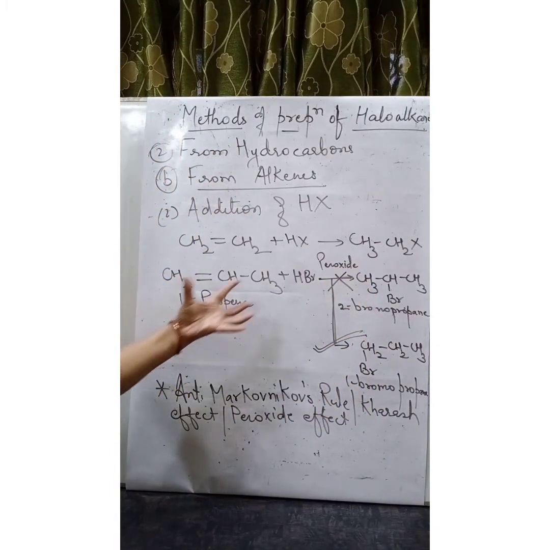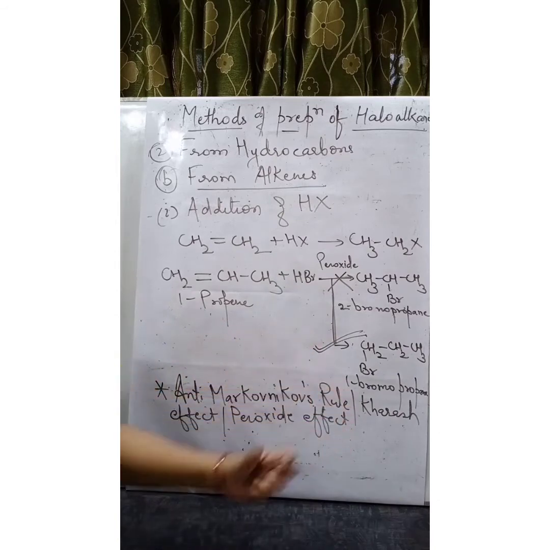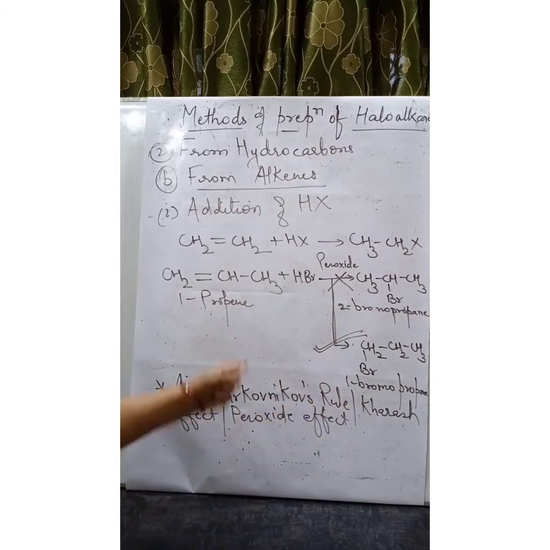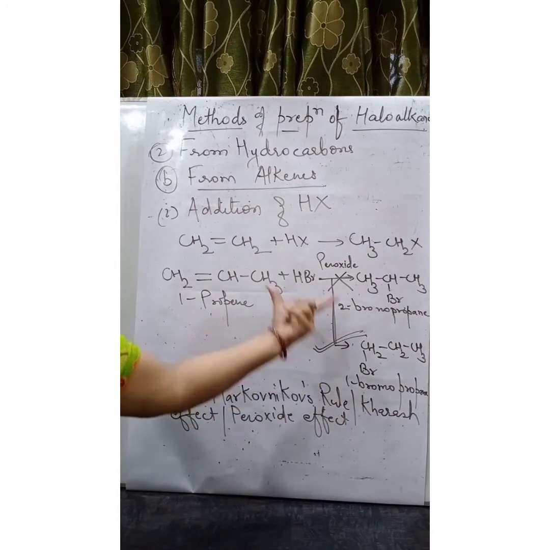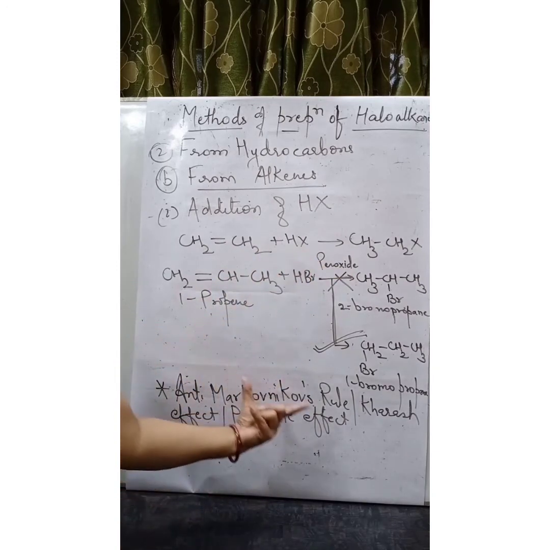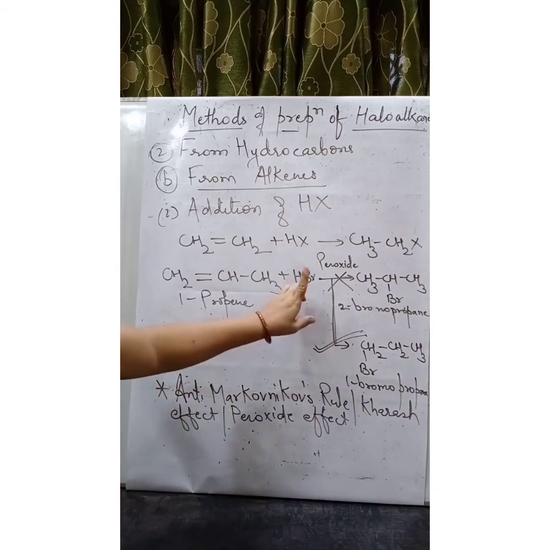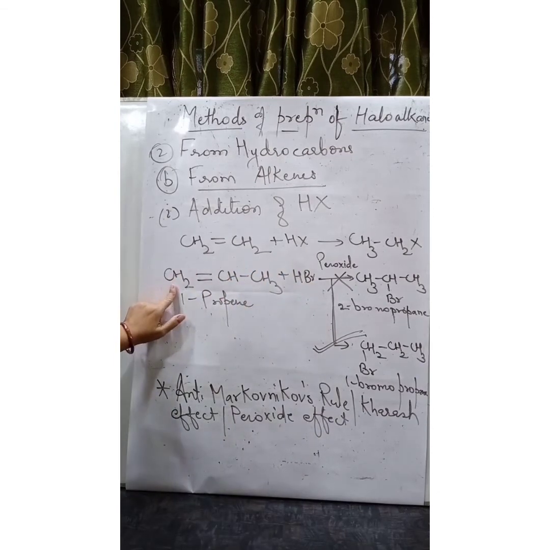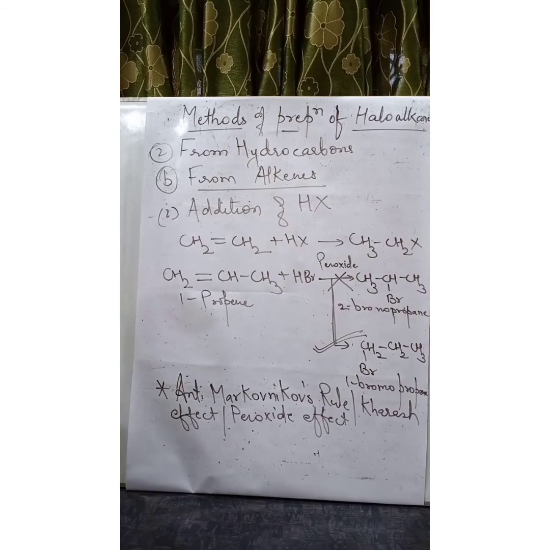That means anti-Markovnikov rule is followed when you are carrying out the reaction in presence of peroxide. Anti-Markovnikov rule says that the most electronegative part of the addendum goes to the carbon containing more number of hydrogen atoms.